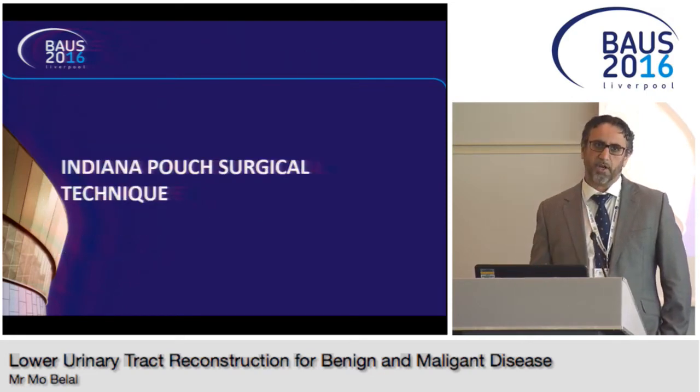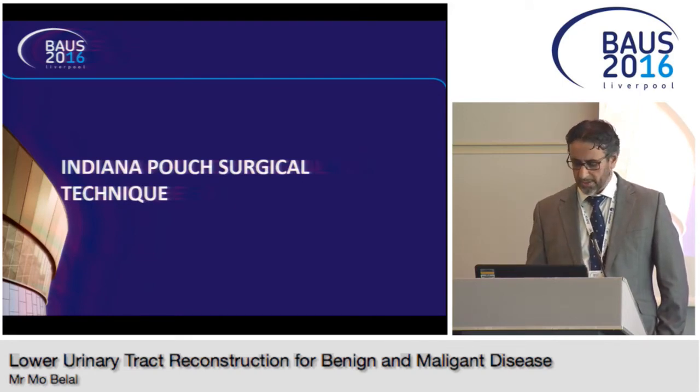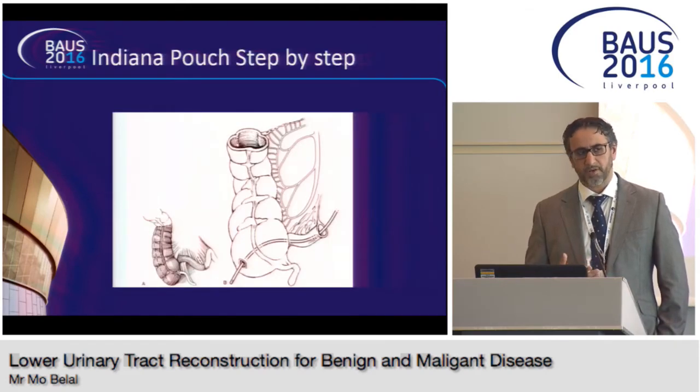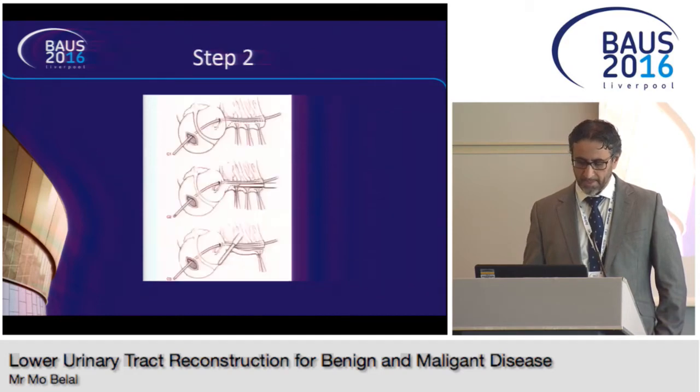So just as an example of a surgical technique, I've decided to choose the Indiana pouch just to run through the technique of how to do this. Firstly, you have to harvest 25 to 30 centimeters of cecum with 10 centimeters of ileum over the terminal ileum.